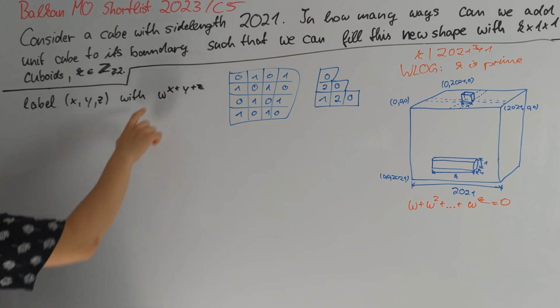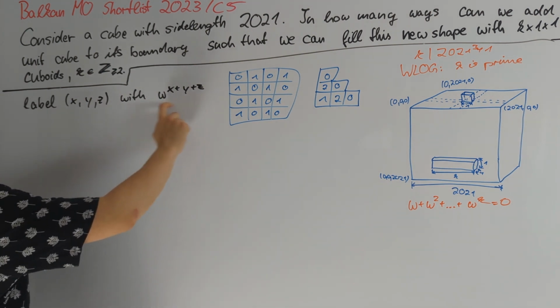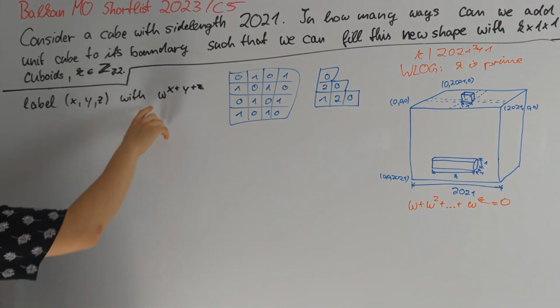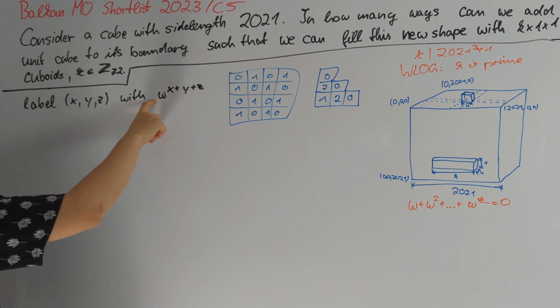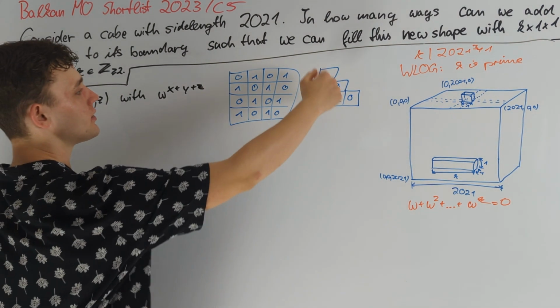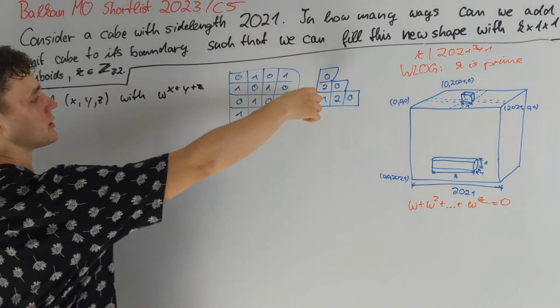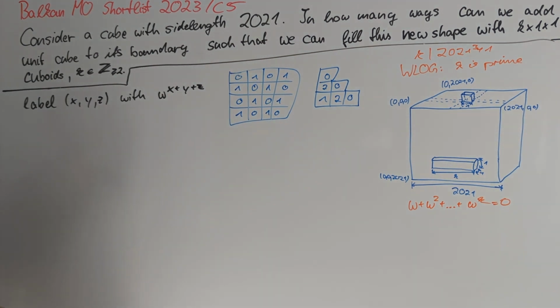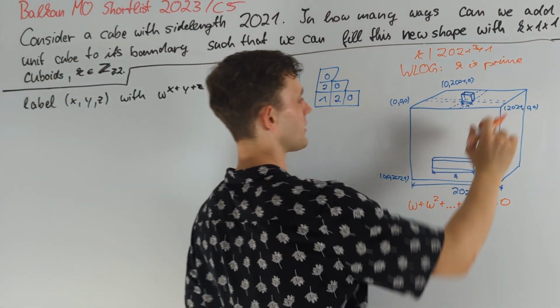Moreover, the second comment is that here we made a choice, because we could have also chosen as labels omega to the power of negative x plus y plus z, for instance. Some similar choice can be seen here, where we could have flipped the ones for twos. Okay? And to make up for this choice and kind of not lose information, we want to notice something.